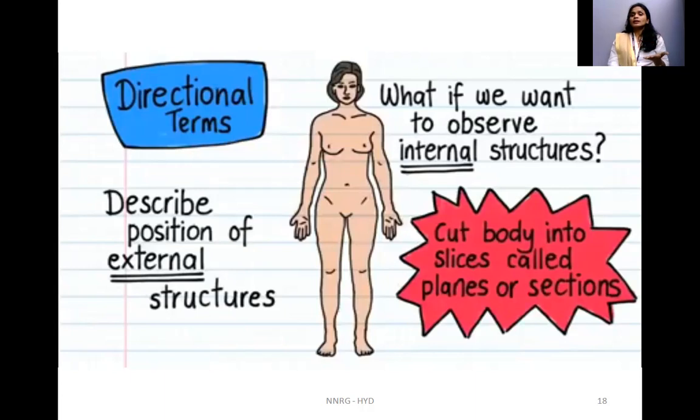Cutting the body into slices is called planes or sections. In what manner you are cutting the organ or a part or a body will reveal different types of structures or the position of that particular organ. That is all called a directional term, which describes the position of external and internal structures.